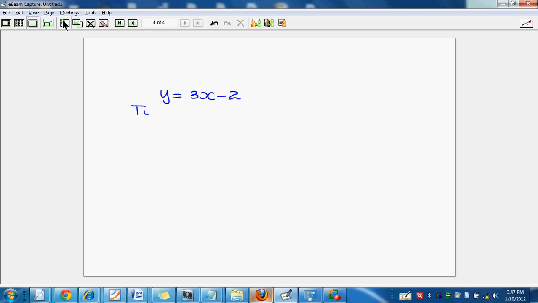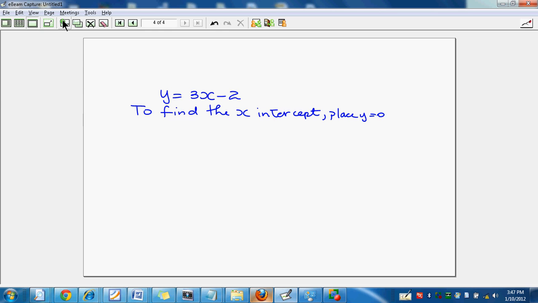So to find the x-intercept, place y equal to 0. If this is the equation of the line, y equal to 3x minus 2, to find the x-intercept, all we'll do is place y equal to 0 in this equation.